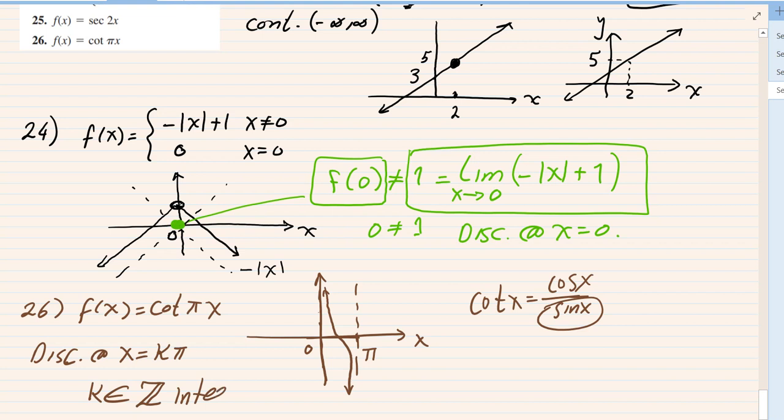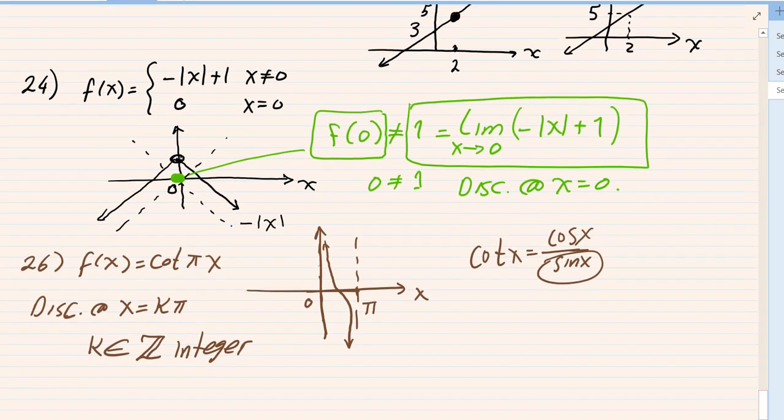Like 0, 1, 2, 3, and the opposites, -1, -2, -3, and so on. Because cotangent is periodic, right? That's why. Here's the other portion of that cotangent, and so on and so forth. This is at negative pi. Okay. So we figured this one out too.